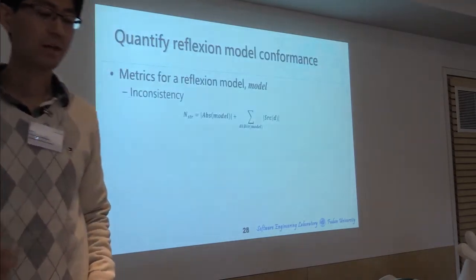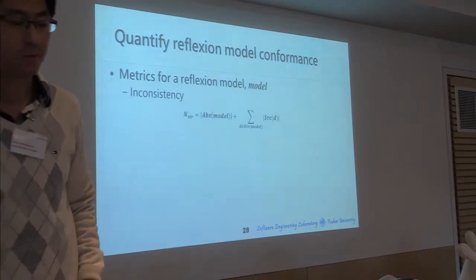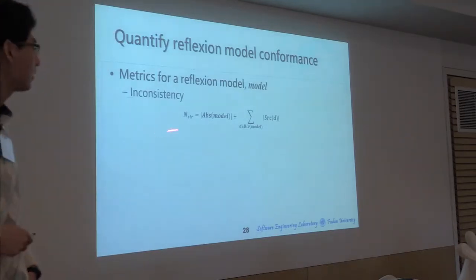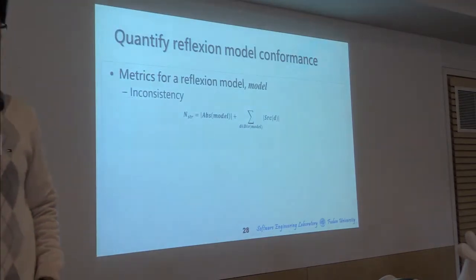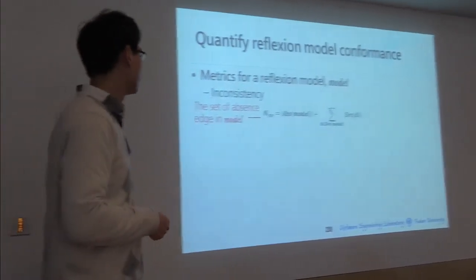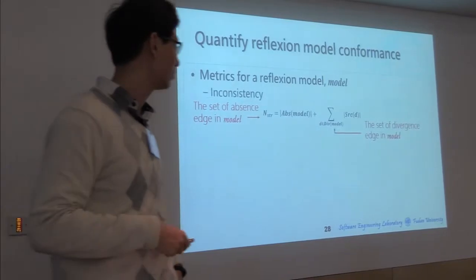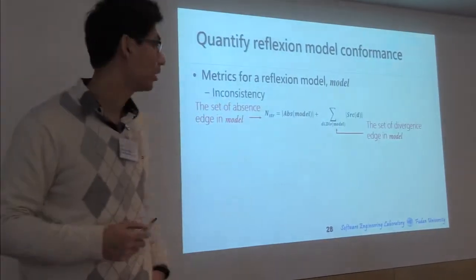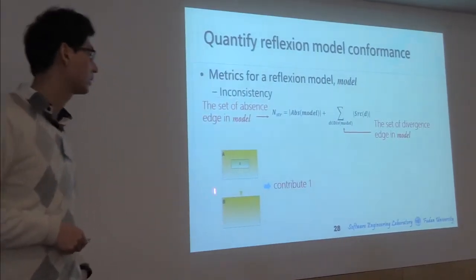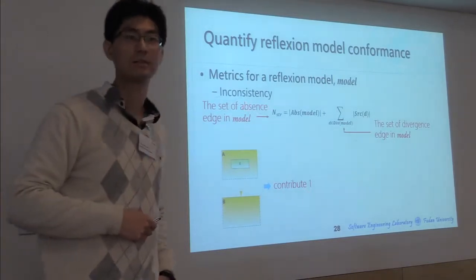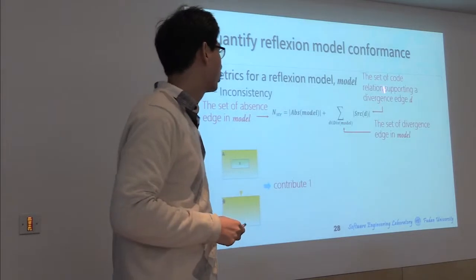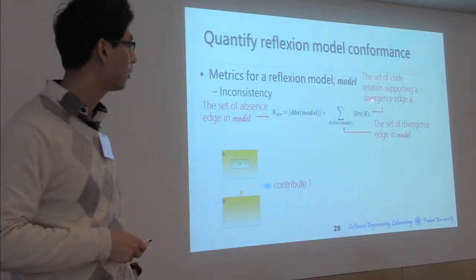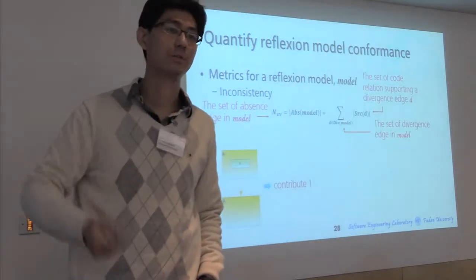And for the quantification of reflection model conformance, we're going to calculate the inconsistency of the reflection model. The inconsistency consists of the absence edges and the divergence edges. Each absence edge in the reflection model will contribute 1 to the inconsistency. And for each divergence edge in the model, we will also consider the set of dependencies that support such divergence.